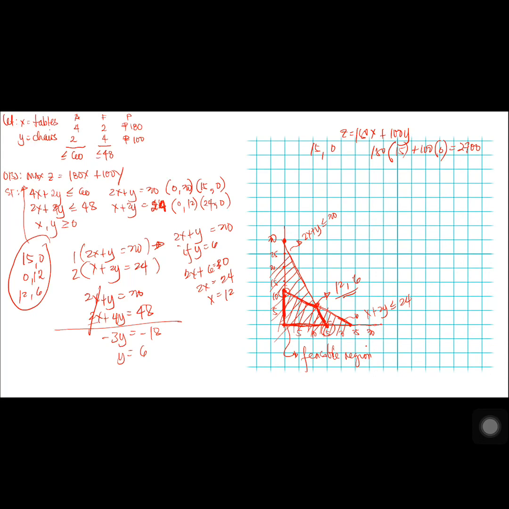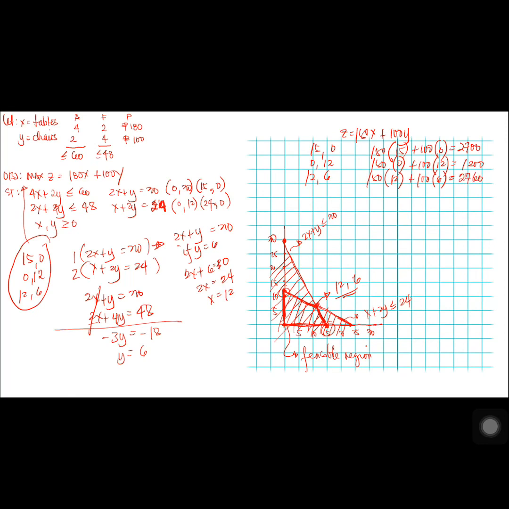What about the next one, 0 and 12? We have 180 times 0 plus 100 times 12, which is 1,200. What about the third one, 12 and 6? We have 180 times 12 plus 100 times 6, which is equal to how much?